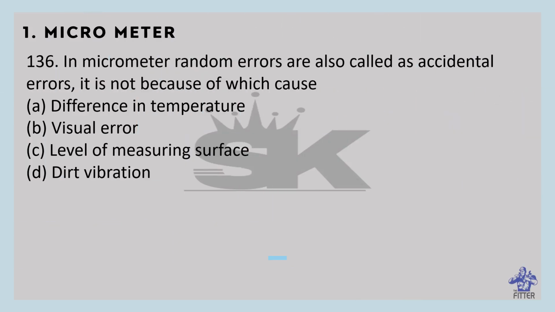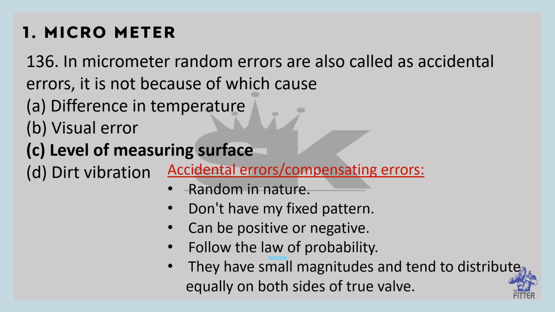In a micrometer, random errors are also called accidental errors. It is not because of which cause? So it is the level of the measuring surface. It is not because of the level of the measuring surface. I'm showing accidental errors or compensating errors here.